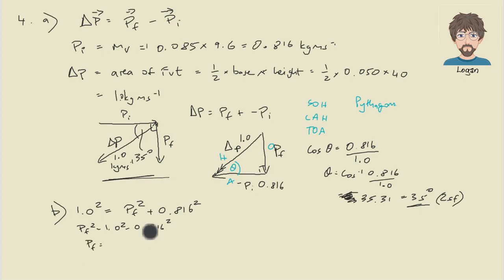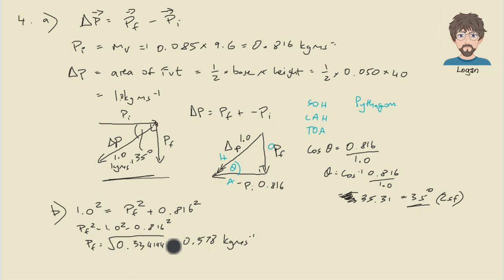PF equals the square root of 0.334144, which is 0.578 kilogram meters per second.